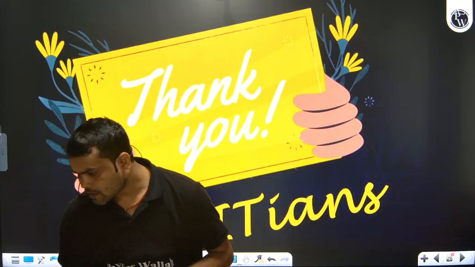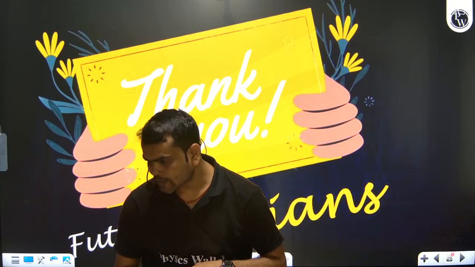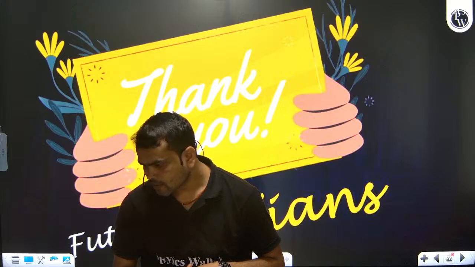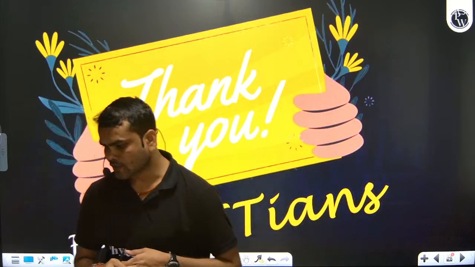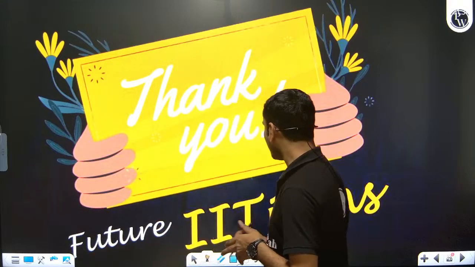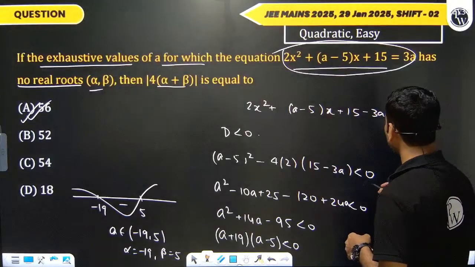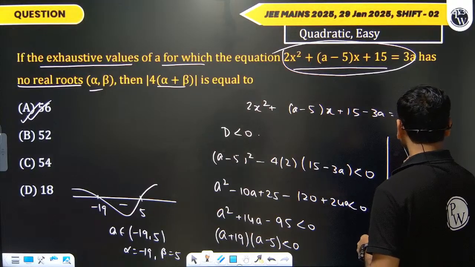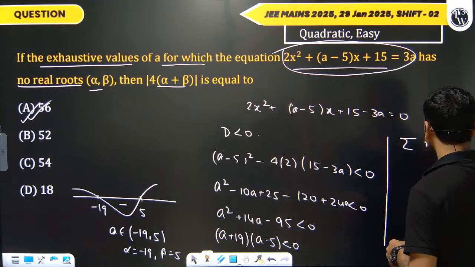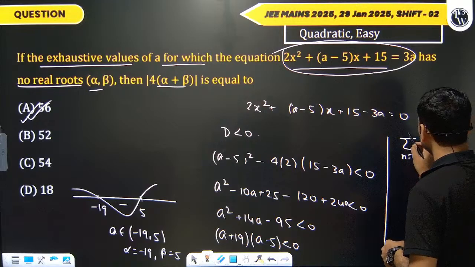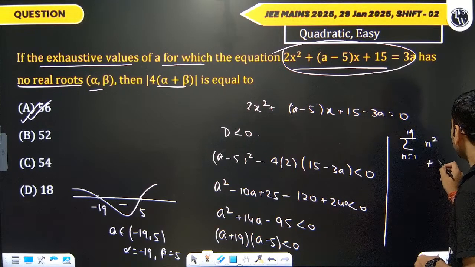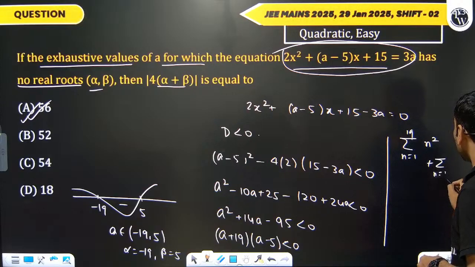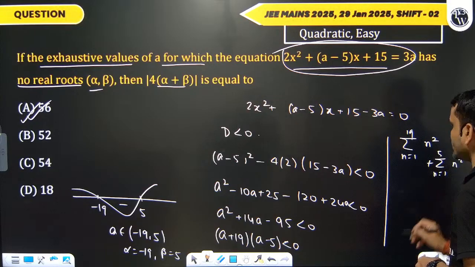If it had asked for the summation of x square from alpha to beta, obviously if they ask summation of a square, directly what can you do? Summation of n square from n is equal to 1 to 19 you can put for the negative numbers, and plus n is equal to 1 to 5 for positive numbers, right?